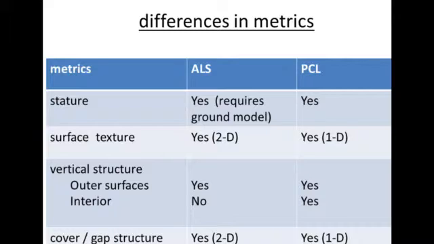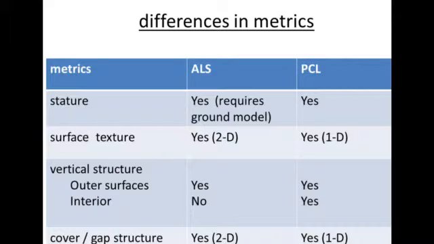Mine is one-dimensional, whereas airborne laser scanning is two-dimensional. Vertical structure, both can get the outer canopy, but only my system can get the interior. Cover and gap fraction are both available. And then, of course, internal complexity, and there's a bunch of measurements of that, are not really available to the airborne material, but they are available to the ground-based LIDAR.